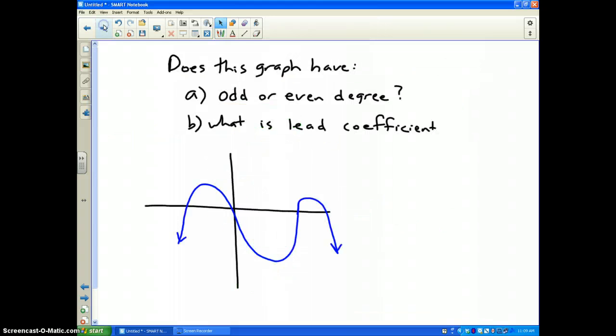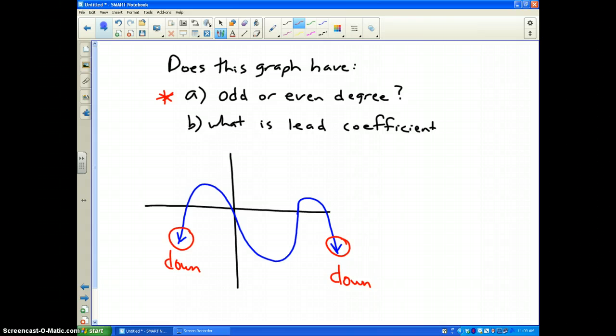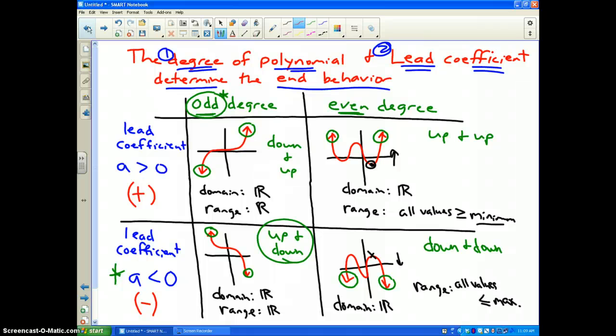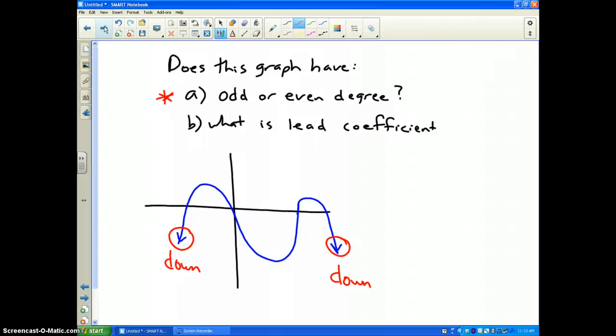One more example. I gave you a graph. Now, you need to determine, first of all, is it an odd or an even degree? Well, this is a situation that is down and down. So if we go back to our handy-dandy chart way back here, down and down is right here, which means we are an even degree. So therefore, the degree of this polynomial, whatever it is, is even.